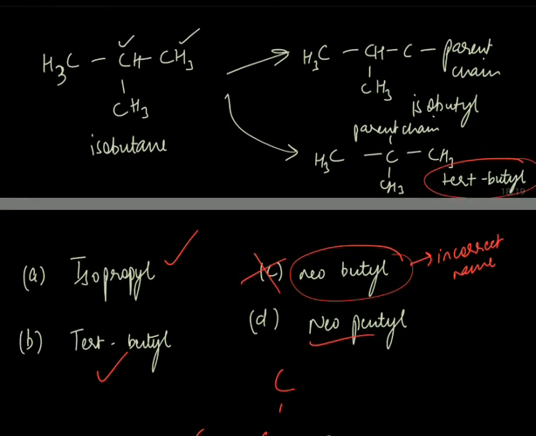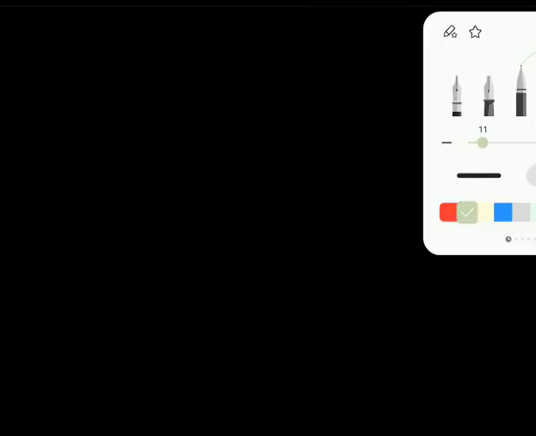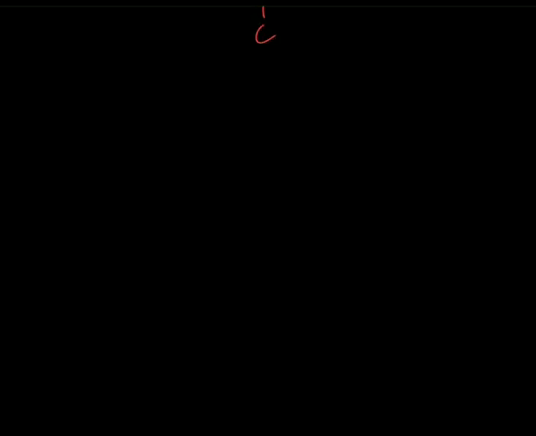Then, if we talk about other kinds of names, there is something called acryl. Acryl is when you have one double bond and a continuous chain. Minimum 3 carbon atoms must be there.